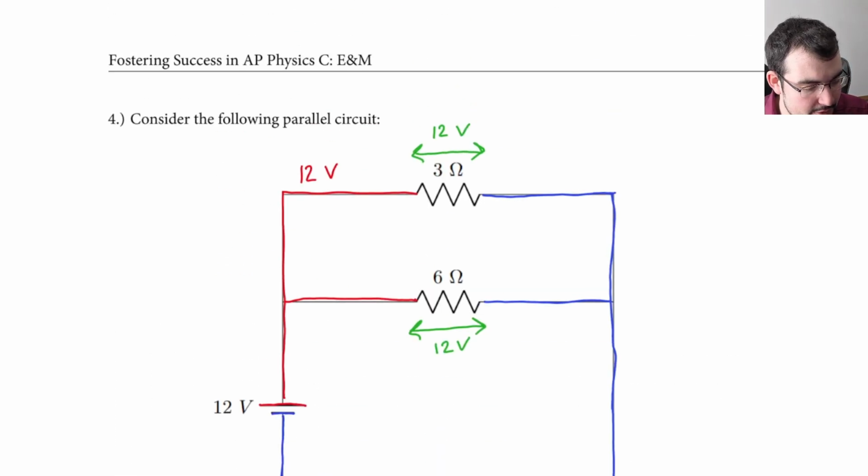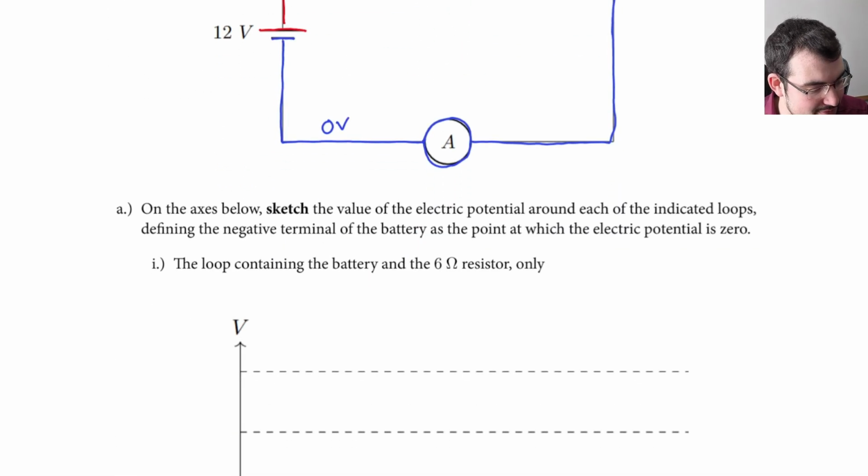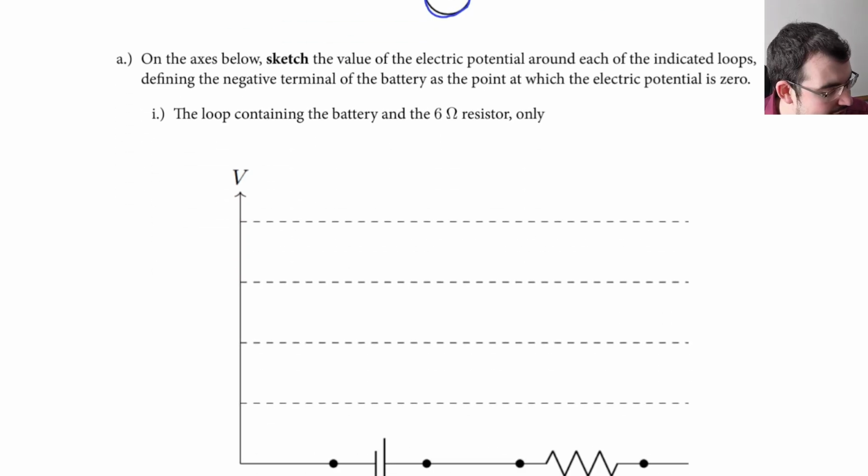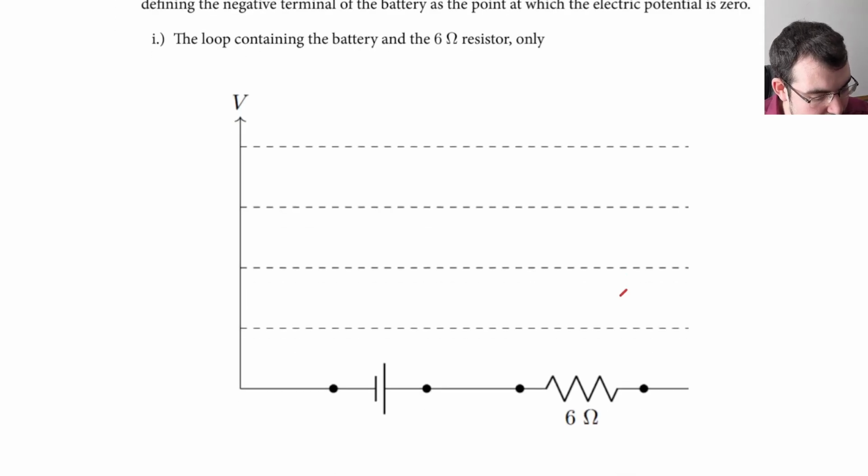All right, so first we're going to draw some loop diagrams. First, we're going to use the loop containing the battery and the 6 ohm resistor only. Battery and the 6 ohm resistor. So we're going to just say this is 12 volts, our highest potential. So what's going to happen here?